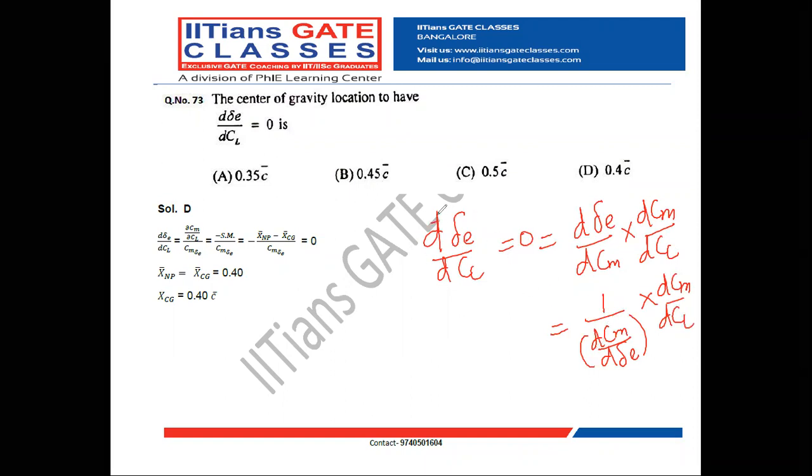In order to have d del E by dCl equal to 0, either 1 divided by dCm by d del E should be 0 or dCm by dCl should be 0.